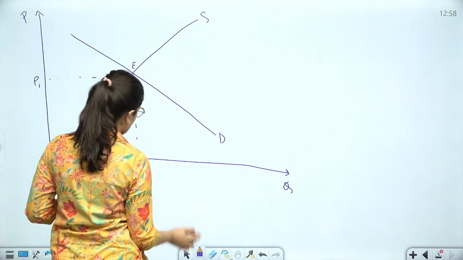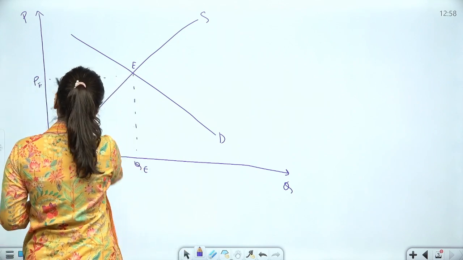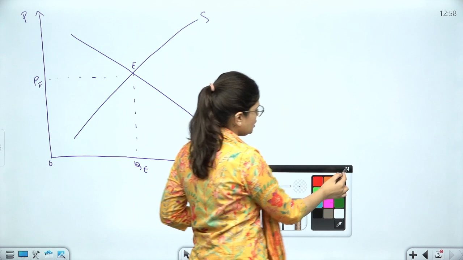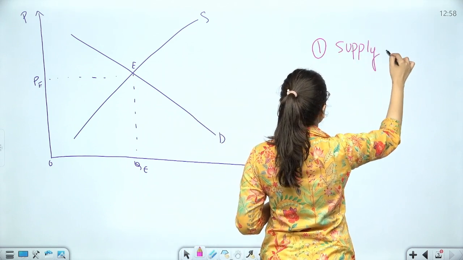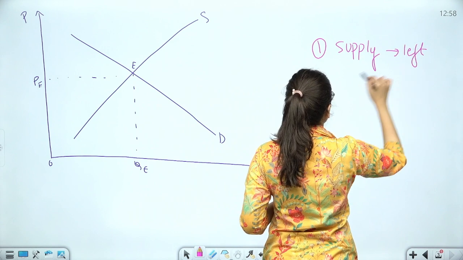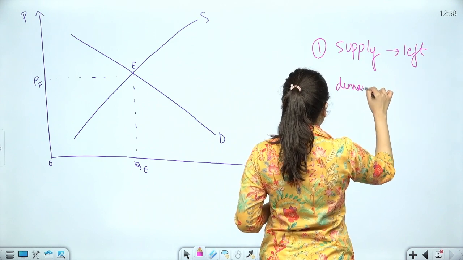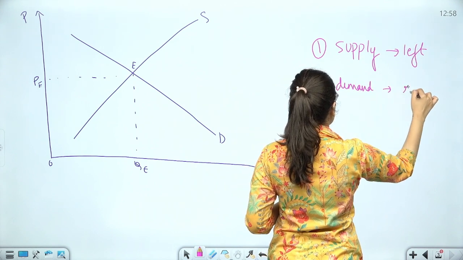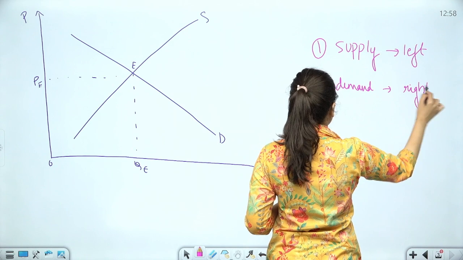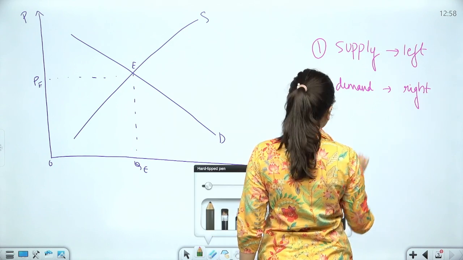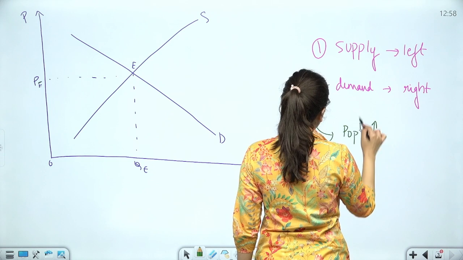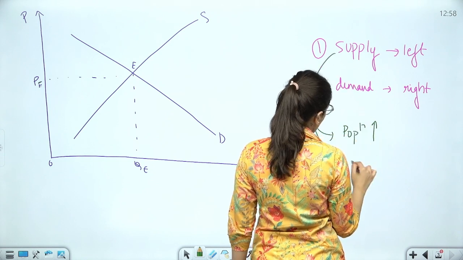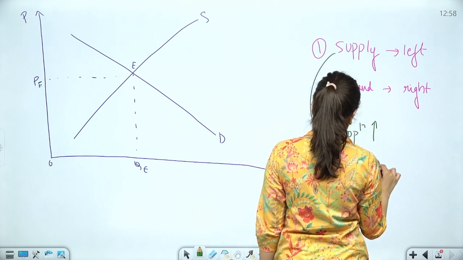Okay, now let's say because of some reasons the supply is shifting towards left and demand is shifting towards, let's say, right. Okay, what are the reasons? What could be the reason? Let's say the demand increased because the population increased and supply decreased because of earthquake, okay, natural calamity.